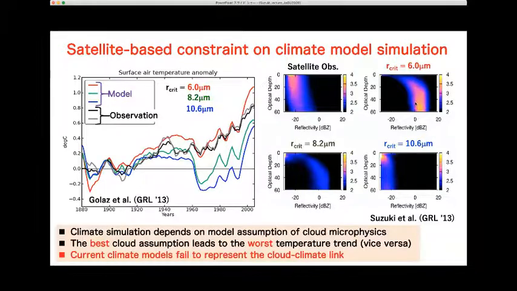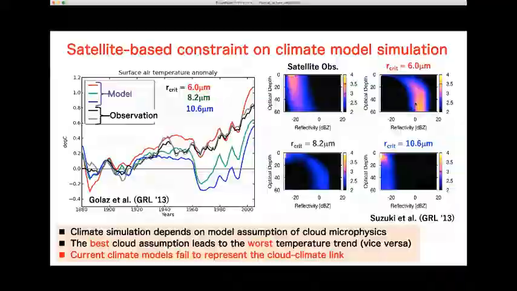So that means that the current climate models fail to represent the fundamental link between the microscopic cloud and the macroscopic climate. So actually that's the problem. So we need to advance our climate modeling in a more fundamental way by looking at the cloud processes and their impact on the macroscopic climate.